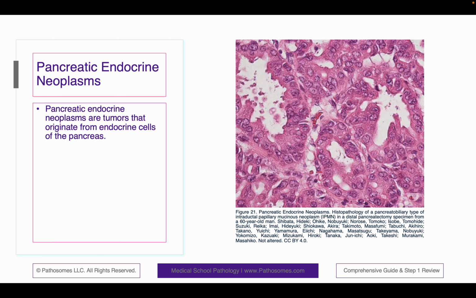Now let's talk about pancreatic endocrine neoplasms for a bit here. Pancreatic endocrine neoplasms are tumors that originate from endocrine cells of the pancreas. As you can see here to the right, in this pancreatobiliary type of intraductal papillary mucinous neoplasm, which is a malignancy of the pancreas.